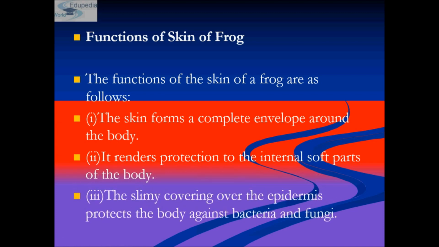Their skin is very smooth and slippery due to mucus, so the slimy covering over the epidermis protects the body against bacteria and fungi. Bacteria and fungi cannot thrive on such slimy skin, so it protects the frog.